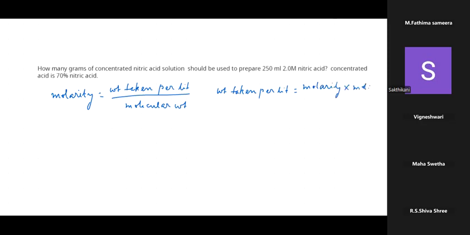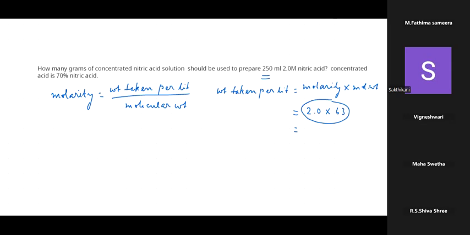So this is equal to molarity 2 molar, molecular weight 63. This much weight has to be taken for 1 liter. But we have to prepare only 250 ml. Therefore, 1/4 of this weight is sufficient.